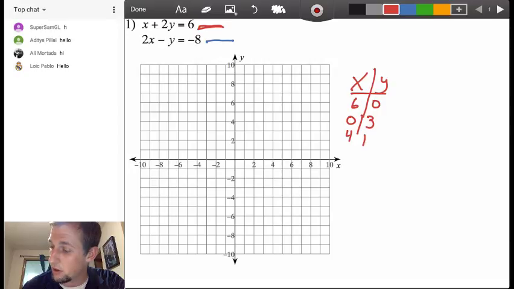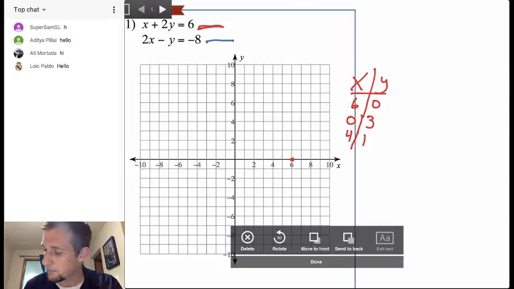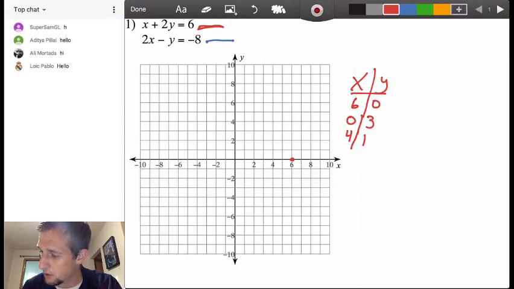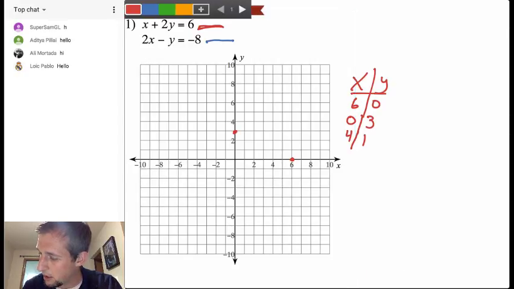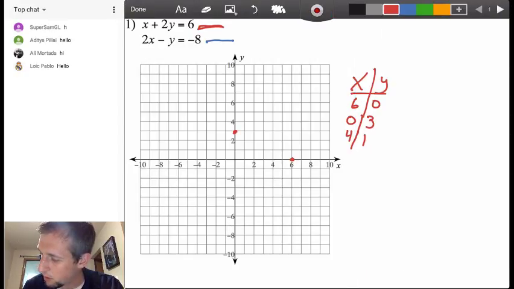Those are all different solutions that work for that first equation when I plug them in for x and y. I'm not going to go into a ton of detail on the graphing, but those solutions all work. And let's see, where's my 4, 1?